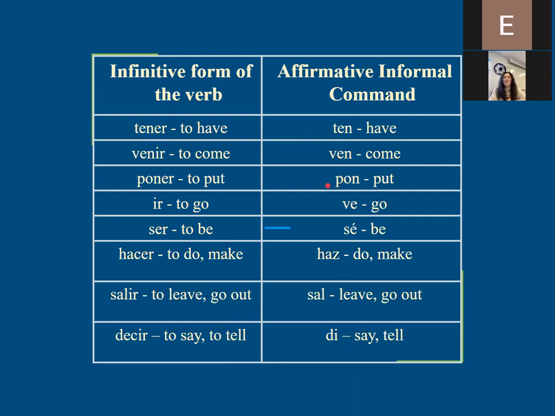Poner, pon. Ir is ve. Ser is sé. Hacer is haz. Salir is sal. And decir is di. If you need to pause the video, once this is posted to Google Classroom, feel free to pause it and write these down.